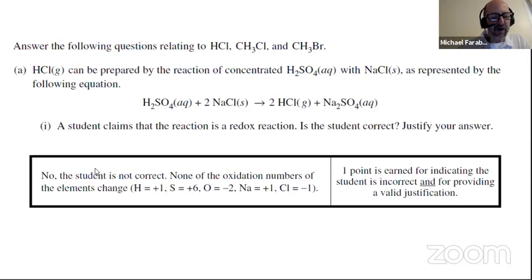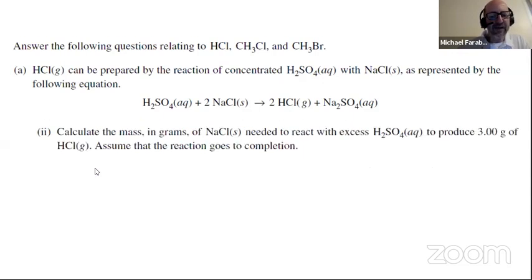All right, the next part of this question says to calculate the mass of sodium chloride needed to react with excess H2SO4 aqueous, so that's a solution of sulfuric acid, to produce 3.00 grams of HCl gas. This is just a straight up grams to grams conversion.